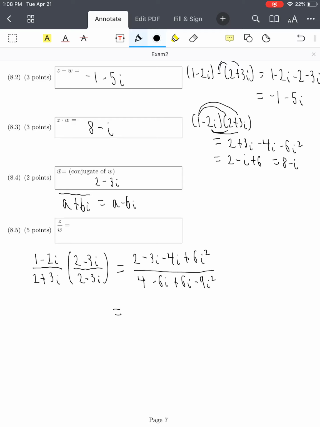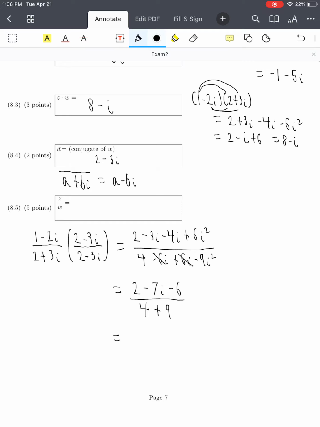So here we go. Numerator is 2 minus 7i minus 6 over, let's see here, negative 6i and 6i cancel off, 4 plus 9.